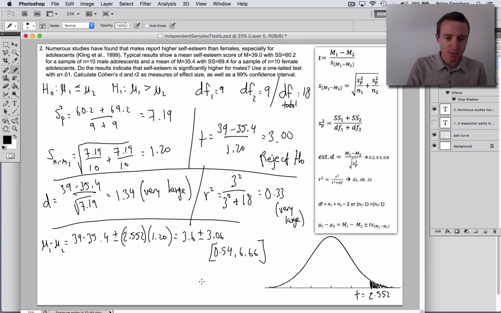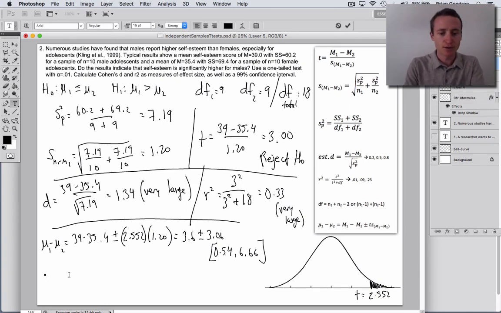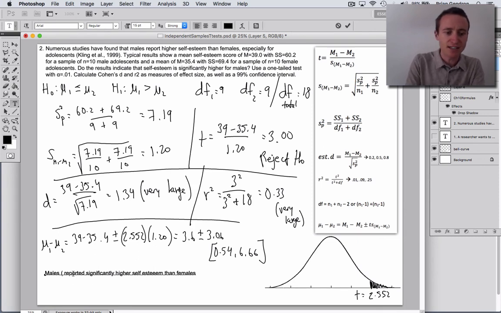So last but not least, let's type up a conclusion statement the way it might appear in a published report. Say something like, males reported significantly higher self-esteem than females. One of the things I actually think is nice to do is next to each group, put the mean and a measure of variability.